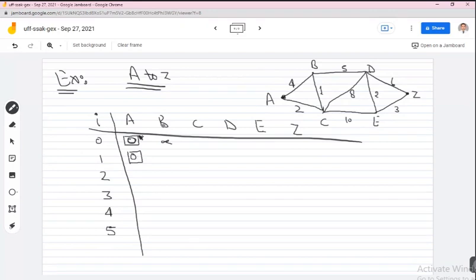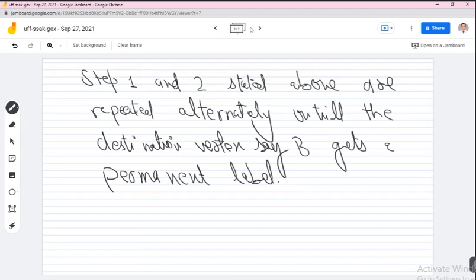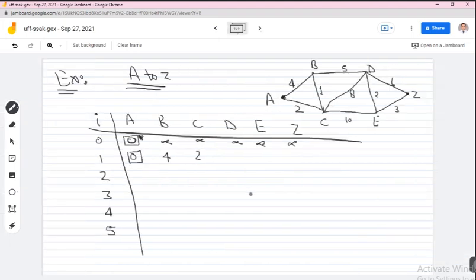And from here we can reach B and C, and the distances are 4 at B and 2 at C. Here there is no distance, which means there is no direct edge from A to D or A to E, so I will write infinite here. The distance from A to any other point will be infinite.